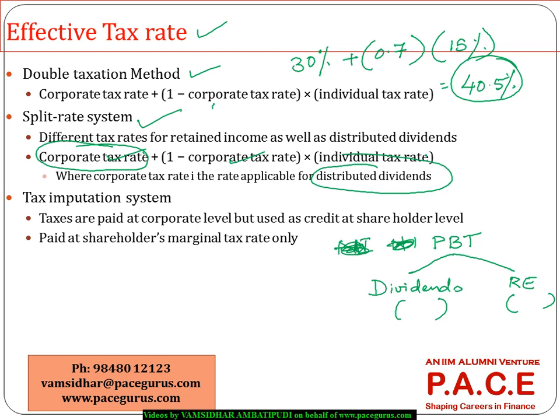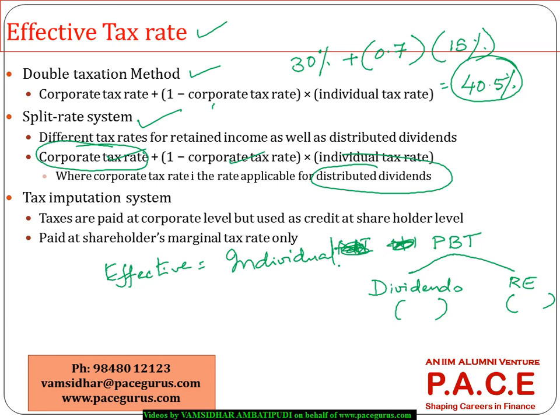So whatever tax the company has paid, it will come as a credit. So whatever balance there is as per the individual's tax bracket, he has to pay it, which means the effective tax rate in this kind of mechanism is nothing but the individual's tax bracket.